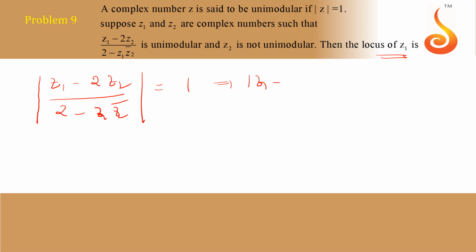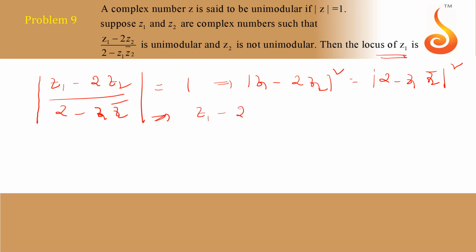So can I write mod of Z1 minus 2Z2 whole square equal to mod of 2 minus Z1 Z2 bar whole square. You have a formula for mod of Z1 minus Z2 whole square, or if you don't know the formula, you should use the main property.